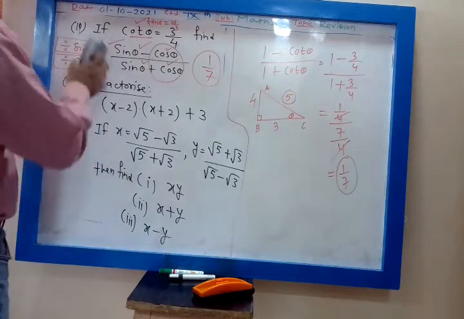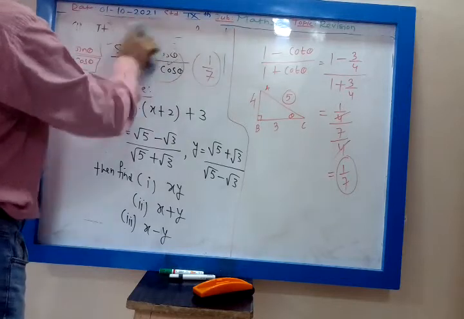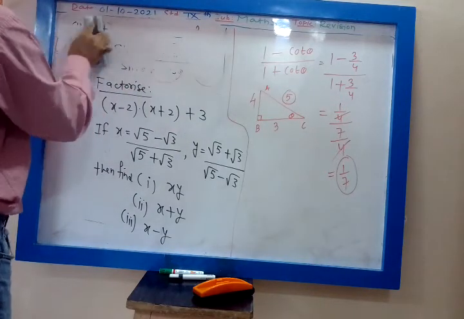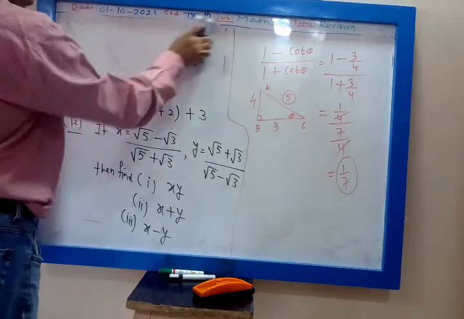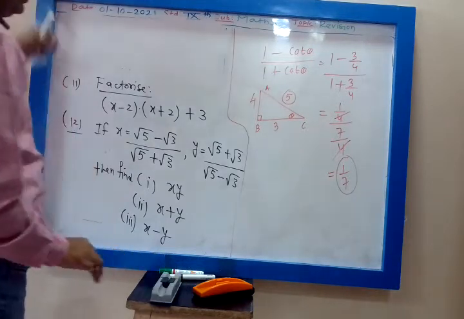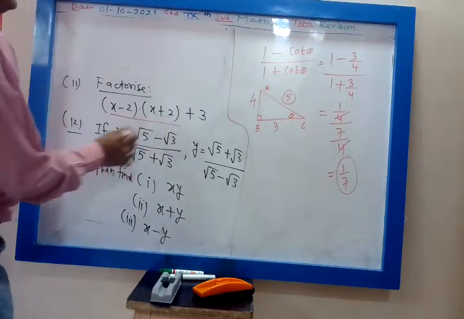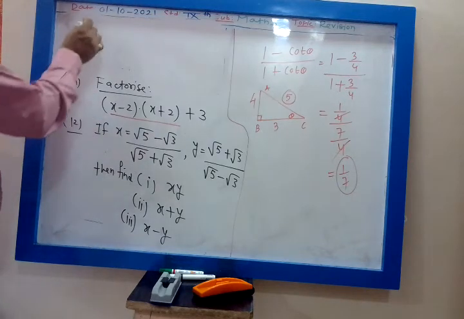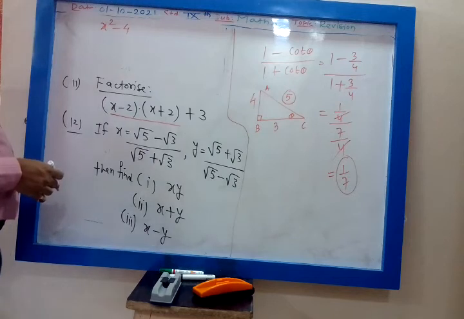Very good, very good. I thought you would be confused. Yes, Tanvi Patel, others? What is the answer? x plus 1 into x minus 1. Let us verify. x minus 2 into x plus 2, a plus b into a minus b will be x square minus 2 square, that is 4. Yes?